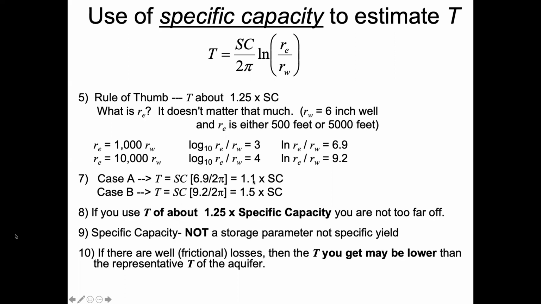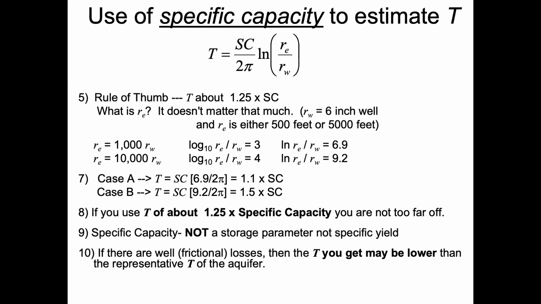So we're not even changing necessarily an order of magnitude, the value of transmissivity, which is often why we say somewhere in between, about 1.25, is not too bad of a guess to multiply your specific capacity to get a value of transmissivity.